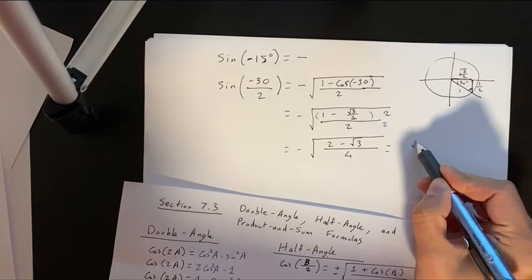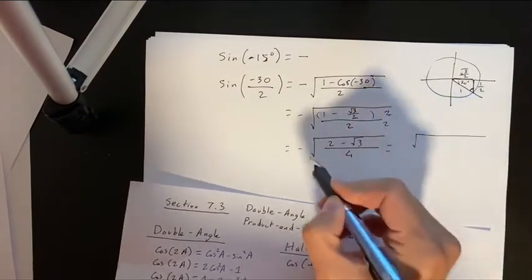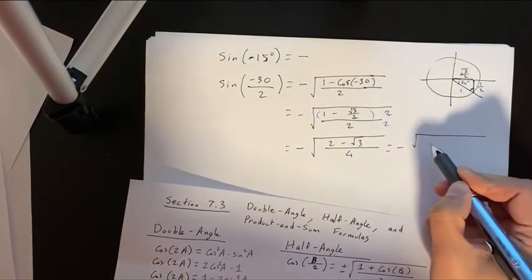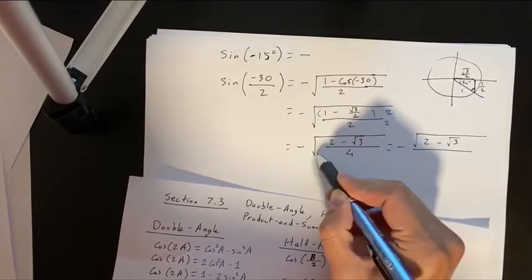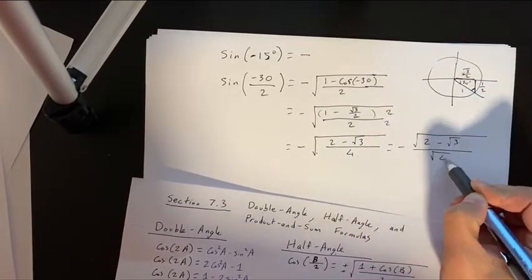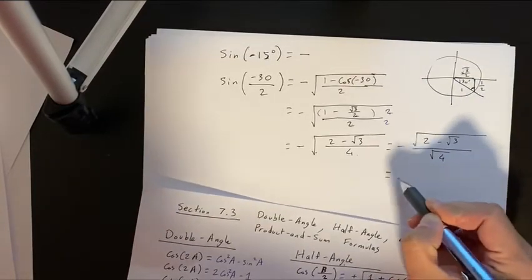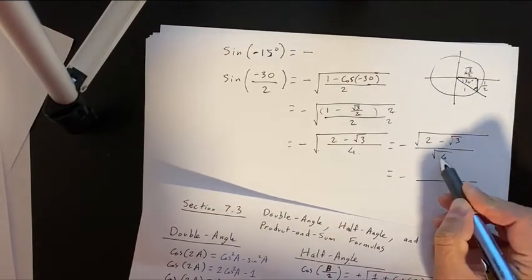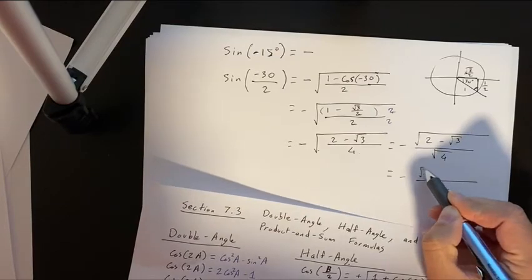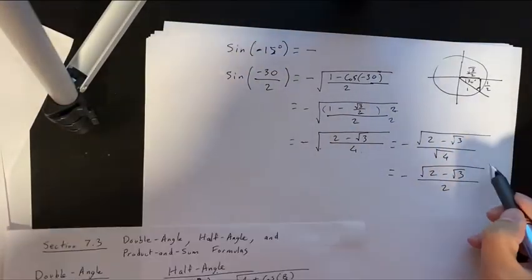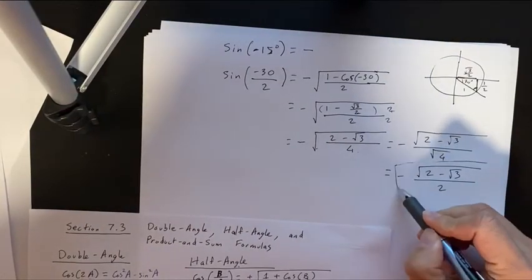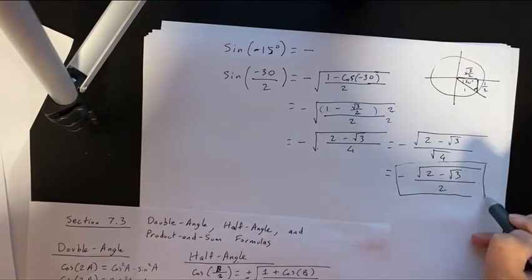And then you can separate the square root on top, and don't forget about that negative, and square root on the bottom. And well, square root of 4 is a 2. You have this square root of 2 minus root 3. And here is my answer.